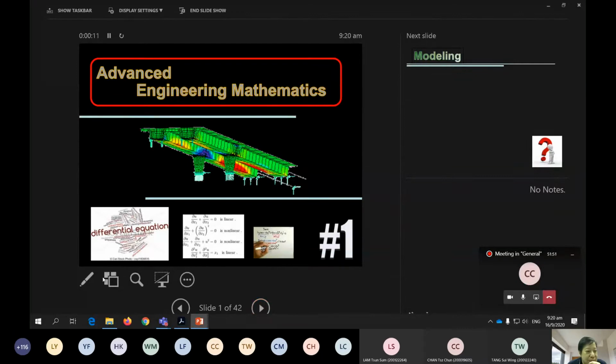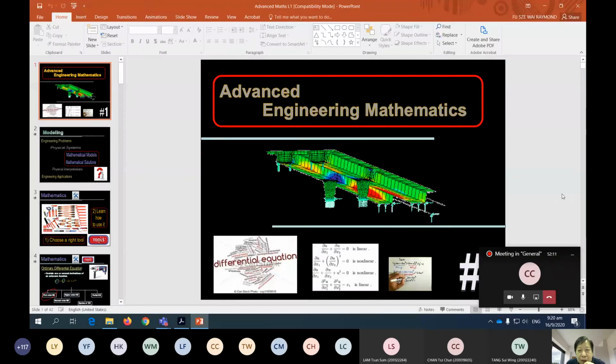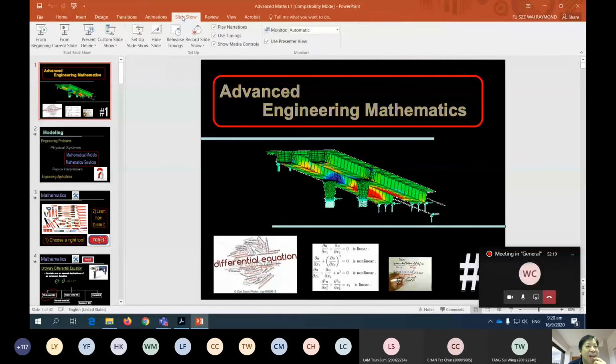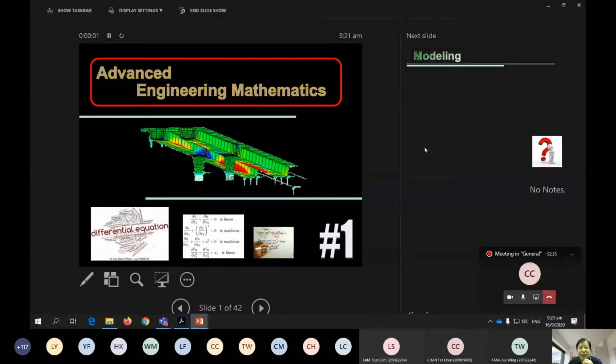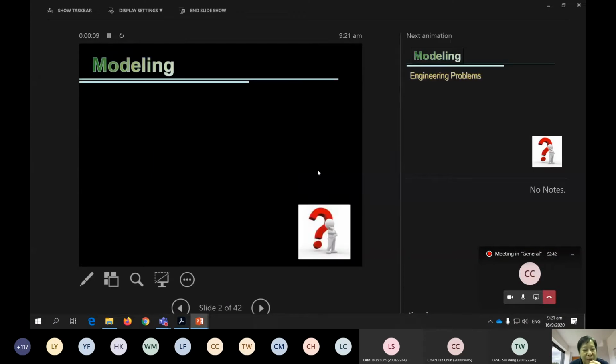Do you prefer the screen in this format, or like this? Is that all right? Okay.